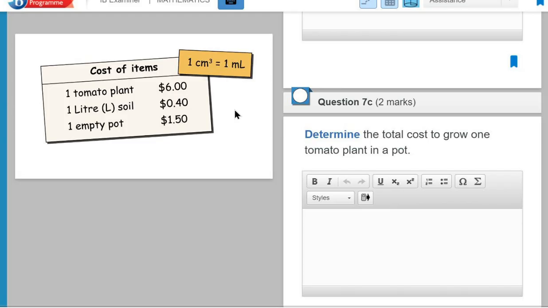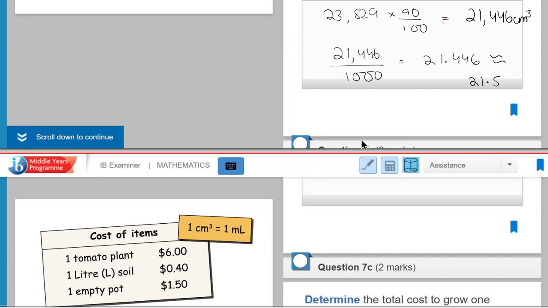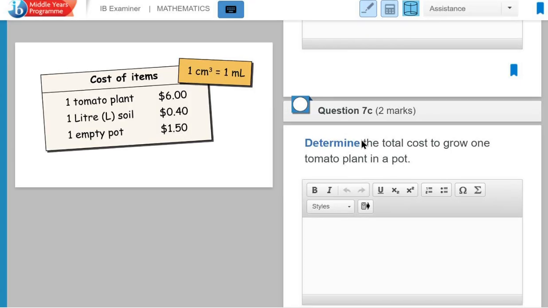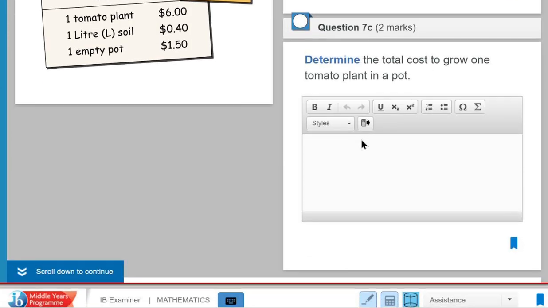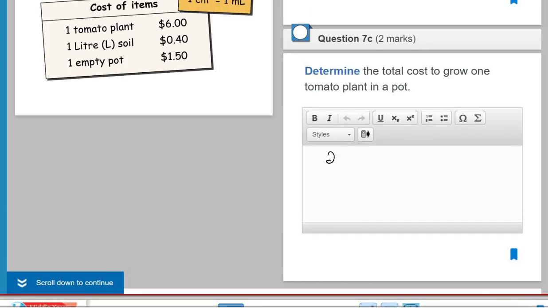Determine the total cost to grow one tomato plant in a pot. Look, 1 liter of soil is $0.4, and we have 21 liters of soil, right? 21.5. Let's write it 21.5 to get to our accurate values. So 21.5 multiplied by 0.4. So that gives us the answer of 8.4, right?